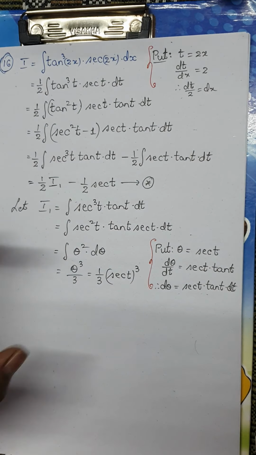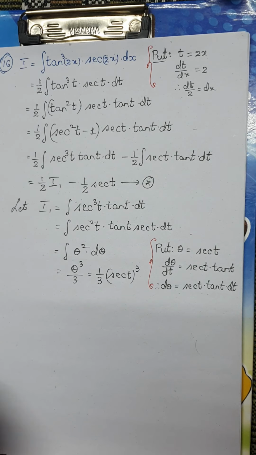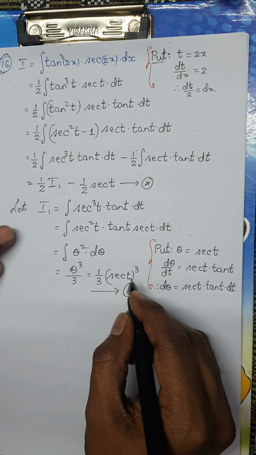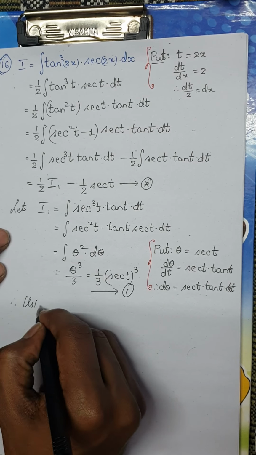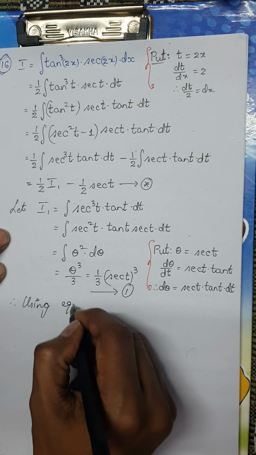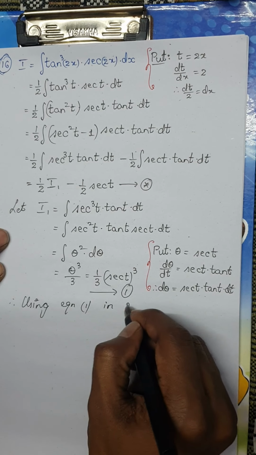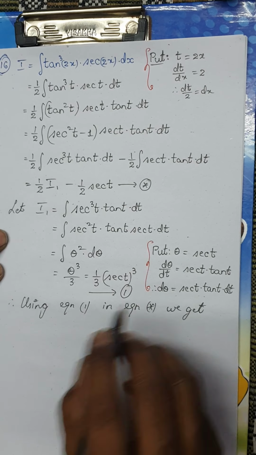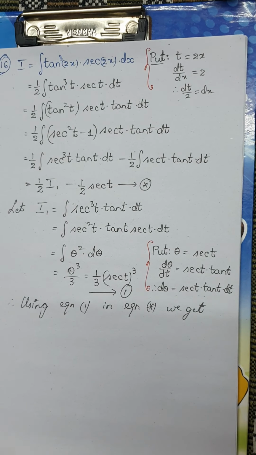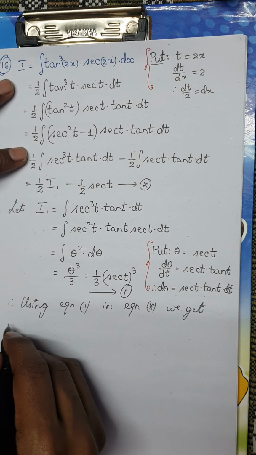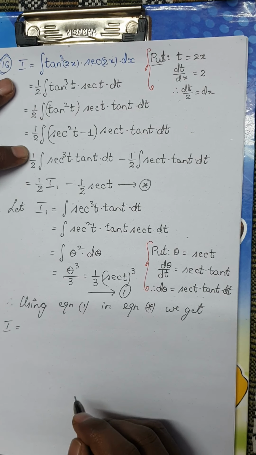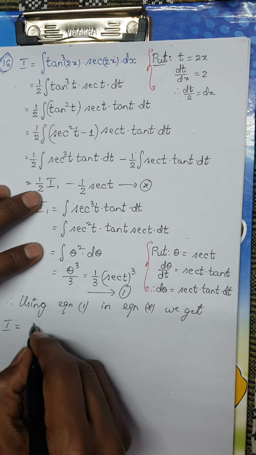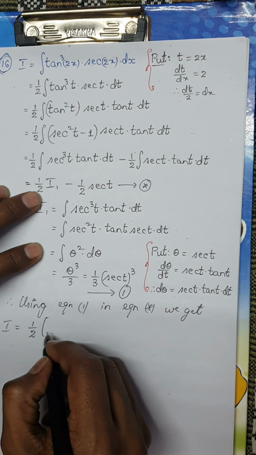Now let me substitute this in equation star. If you want, take this as equation 1. Therefore, using equation 1 in equation star, we get my original integral I. I will be equal to, the original integral is, remember, the equation star. It is half into, what is I1?